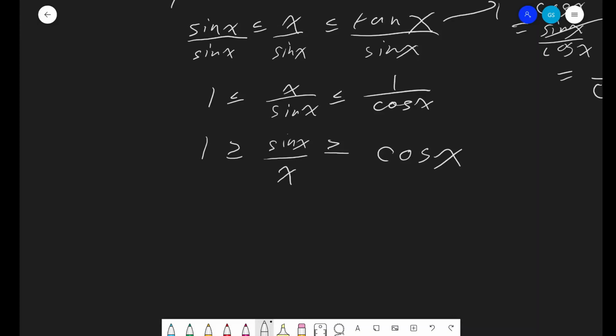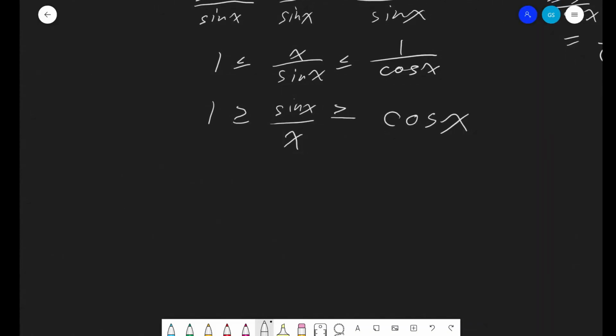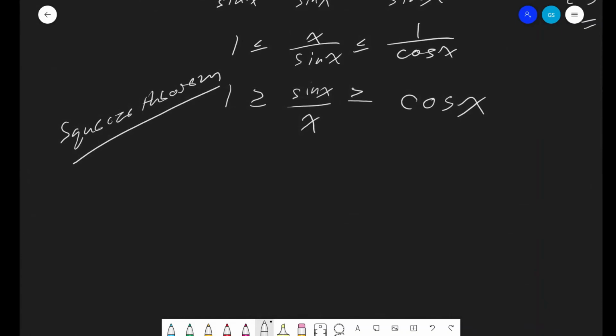Now, what is the squeeze theorem? I'm going to write on the side here, squeeze theorem. What the squeeze theorem allows us to do is this nice little way, at least from my understanding, of finding limits of things in the middle.